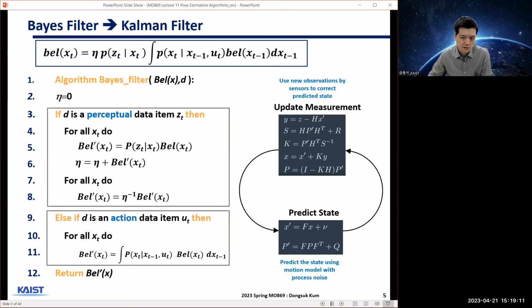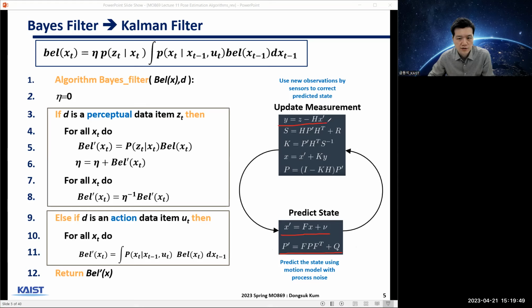So this is done iteratively, and that means that we use this system dynamic model, and then we compute this P matrix, and then we use that information in the update measurement part to update the distribution of the system.